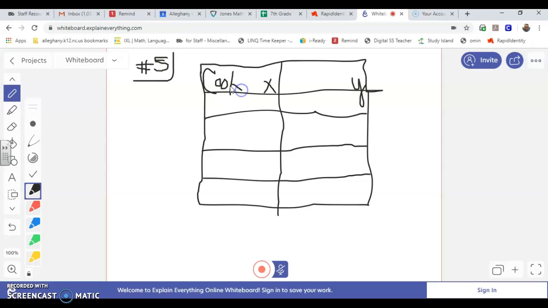If you're in my class, that'll make sense to you. If not, that sounds pretty weird, I would imagine. Cookies, and then this is teaspoons of butter. We'll put butter. Alright, and this is T S P.